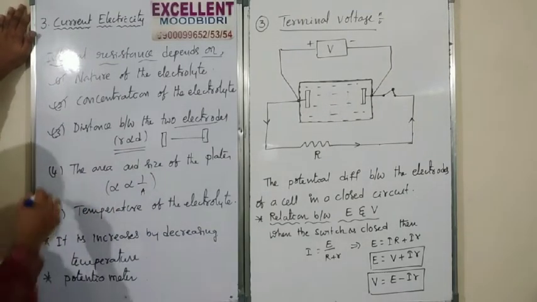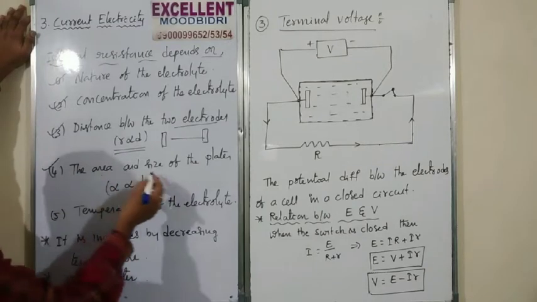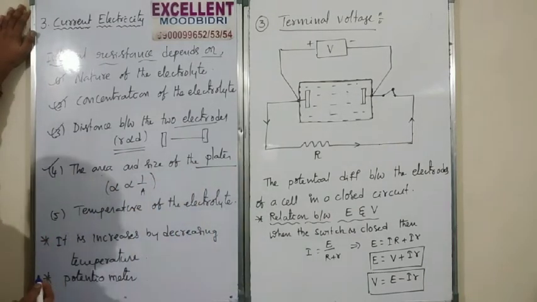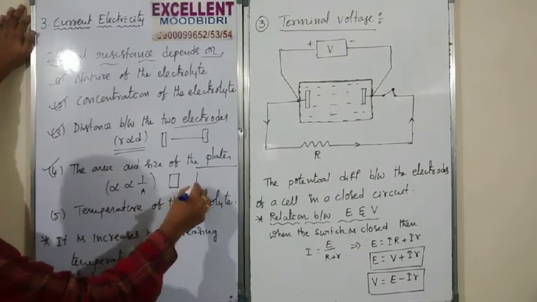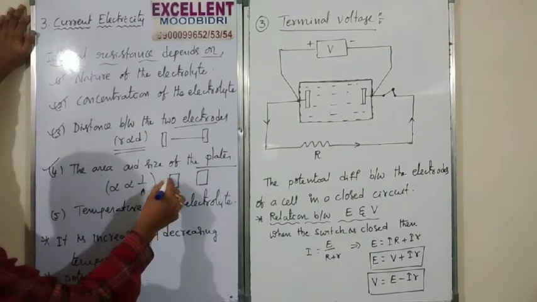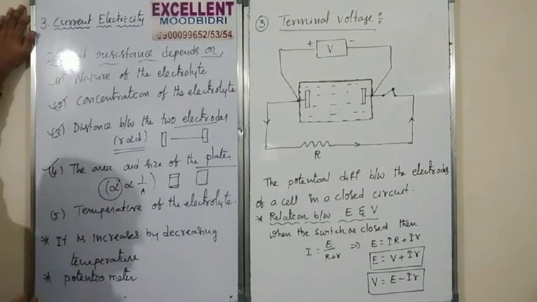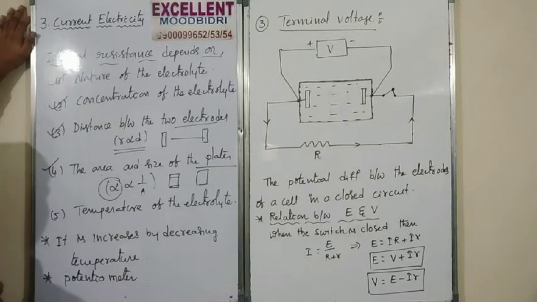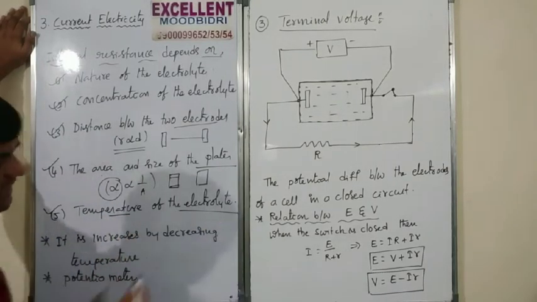Correct? Next one, the area and size of the plates. Plates mean here conductors, that is, electrodes. If the area of cross section of these electrodes is more, the internal resistance decreases. Okay. Next, fifth point is the temperature of the electrolyte.